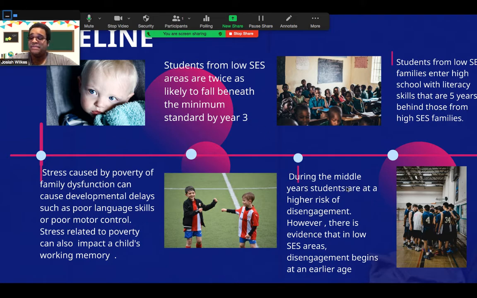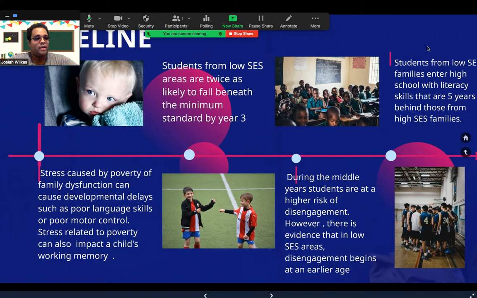By the time you get to the middle years in school, so year 7, 8, students are at higher risk of disengagement. So students from poor areas are at a higher risk of dropping out of school altogether. However, there is evidence that in low SES areas, disengagement begins at an earlier age. So dropouts in low SES areas start at an earlier stage.